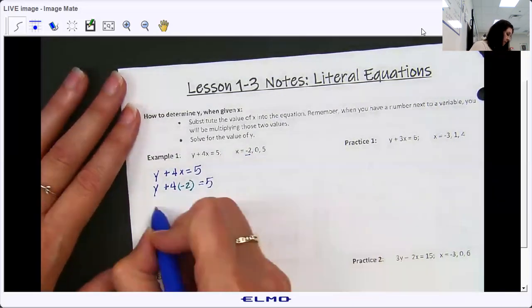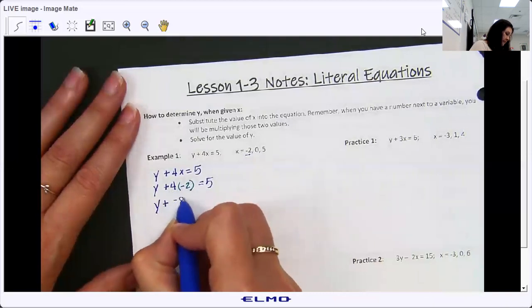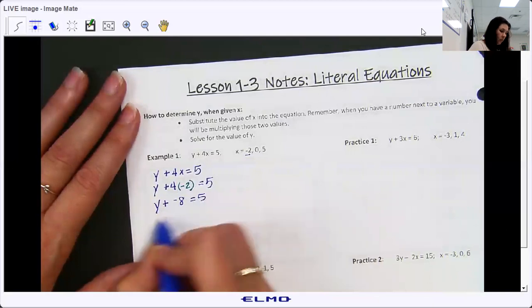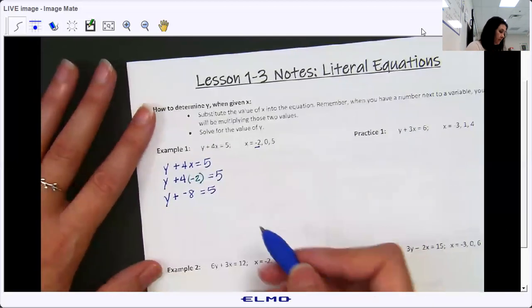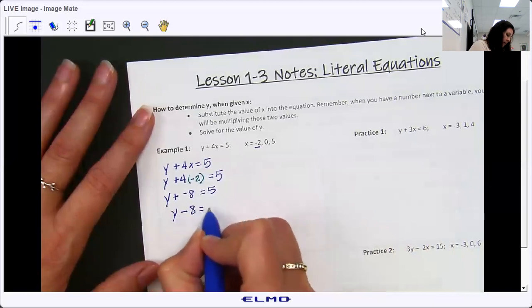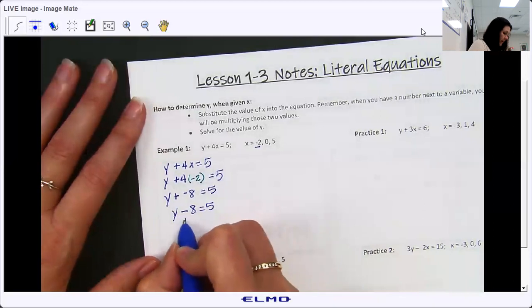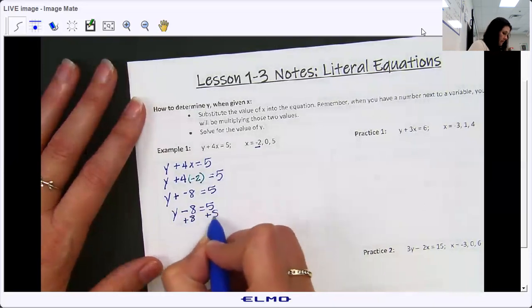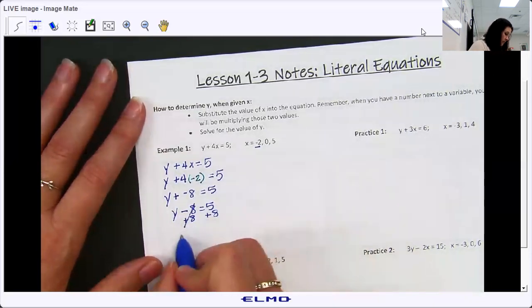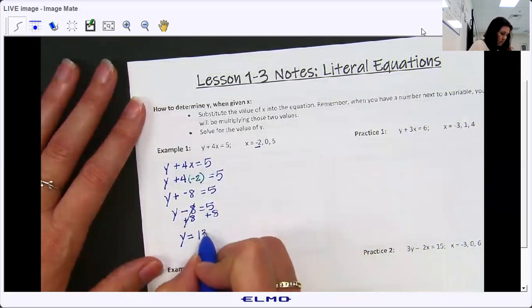And I can continue solving. 4 times -2 is -8. And really the way to write this, instead of plus a negative, you could just write Y minus 8 equals 5. The next thing I'm going to do is add 8 to both sides. This cancels out and I'm left with Y equals 8 plus 5, which is 13.